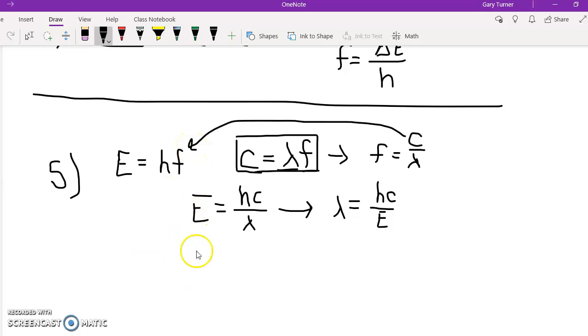So if I do that, then I'm going to get E is equal to H times C over lambda. But C over lambda is F. So now that I've got E equal to HC over lambda, I can solve this equation for the wavelength by dividing both sides by E and multiplying both sides by lambda. So there's your final result to get the wavelength.